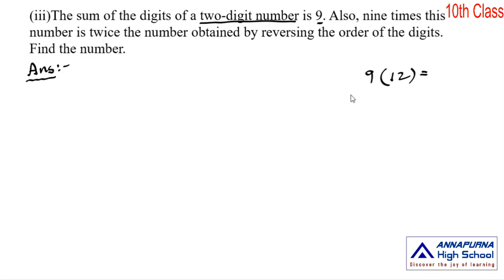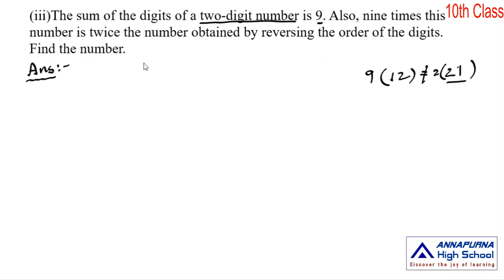So you interchange the digits in the two-digit number. The new number is 21, and 9 times this two-digit number is equal to 2 times the number obtained by reversing the digits. That means it is equal to 2 into 21. Actually they are not equal, I am just explaining the second condition by taking one example only.